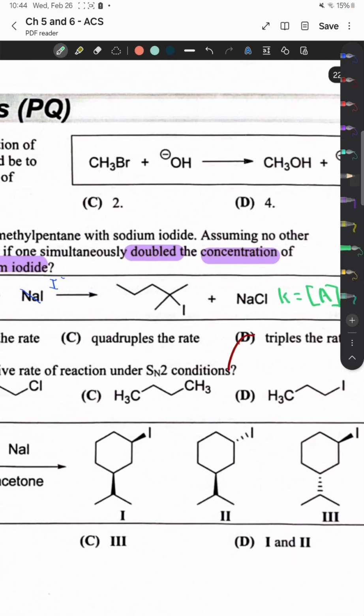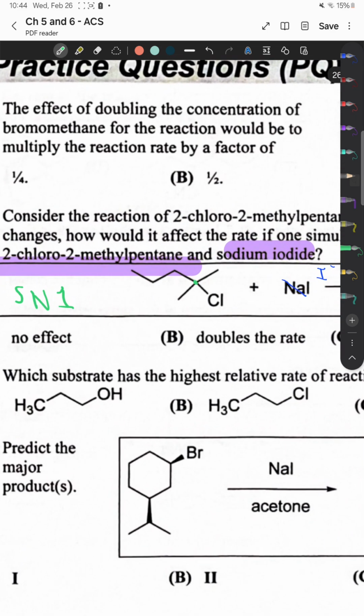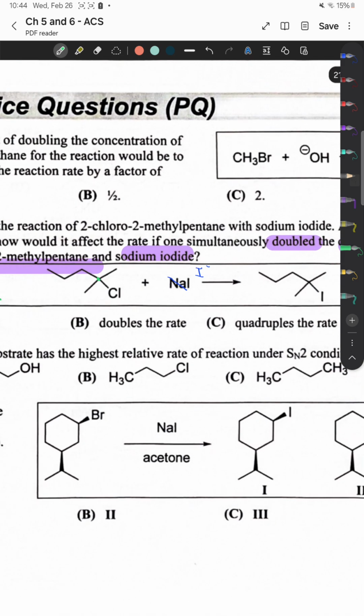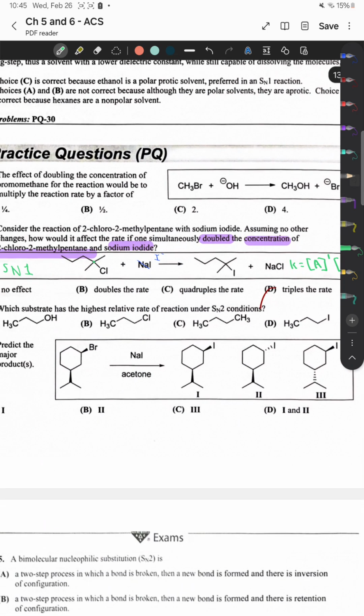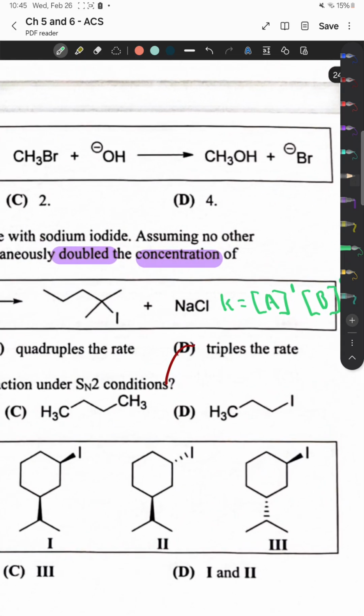So we care about the 2-chloro-2-methylpentane, but we don't care about the concentration of sodium iodide, except that it cannot be the limiting reactant. We definitely have enough sodium iodide because they both have the same amount, but its concentration won't affect the rate other than helping it proceed.